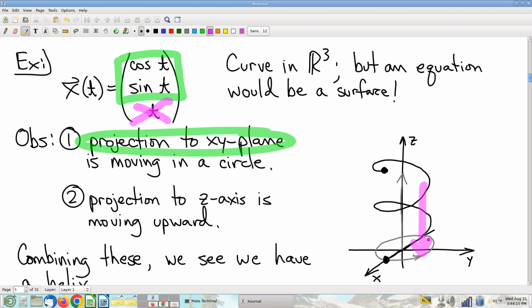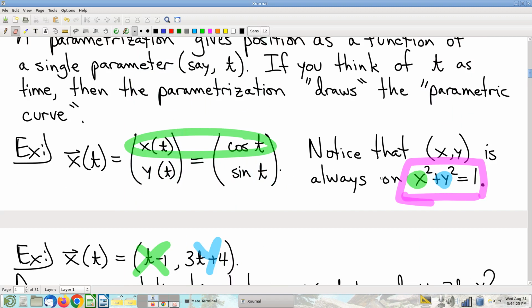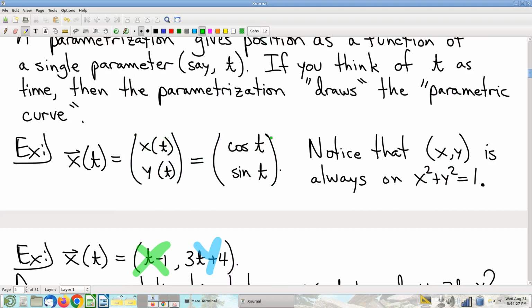So if you project down to the xy plane, well, good news. We recognize that. Cosine, sine. We've seen that one before. By the way, this is a really good one to have memorized, that this parameterizes the unit circle. Very convenient. It comes up a lot, so go ahead and have that one on the tip of your tongue.